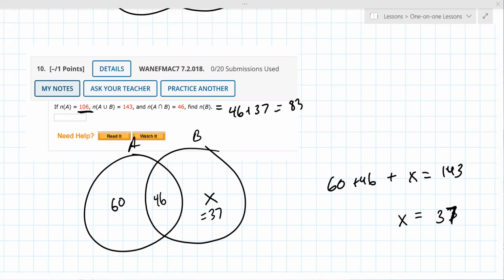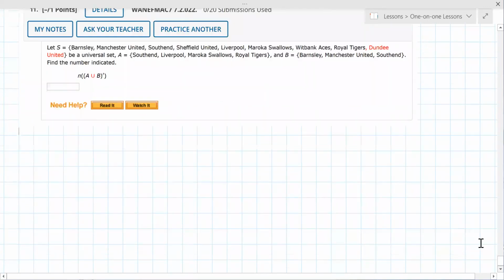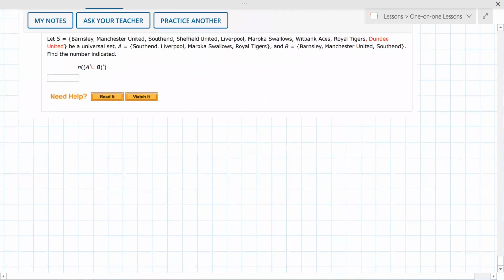All right, we've got number 11. 11 is kind of a repeat of one we've already done, but it's good to do it again. All right, so a lot of information here, but they want you to find A or B, and then the not of that. So A or B means it could be in both, and we're just trying to count them up.